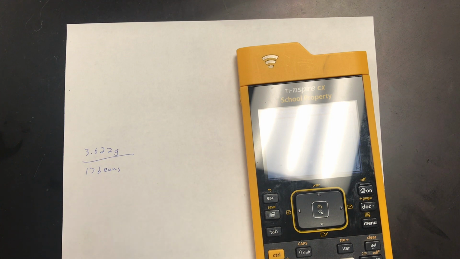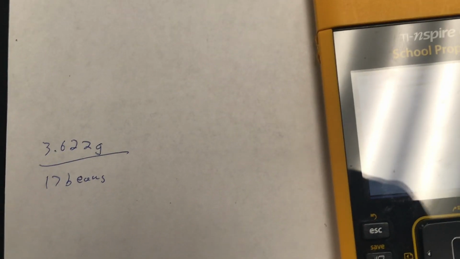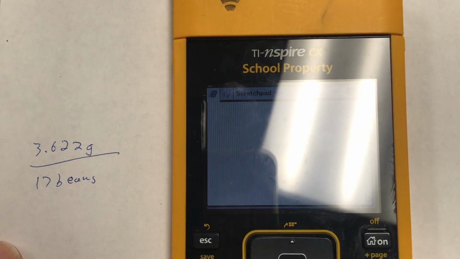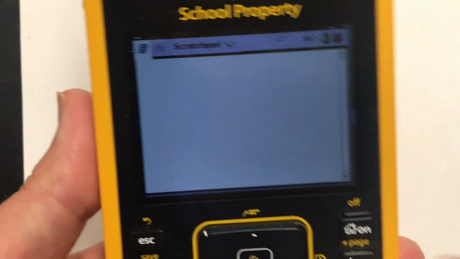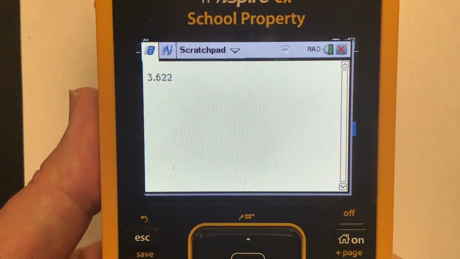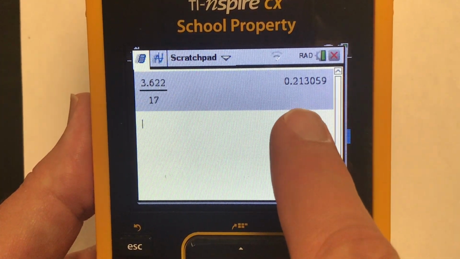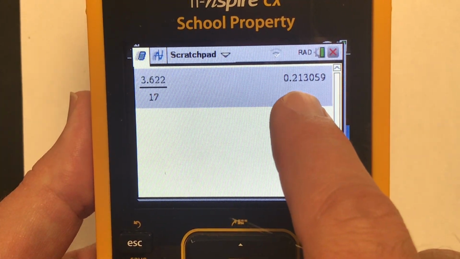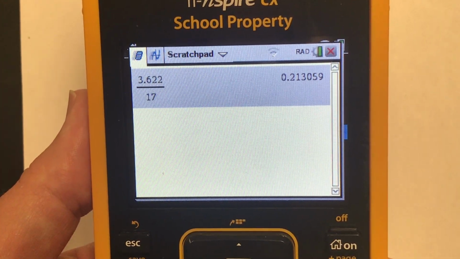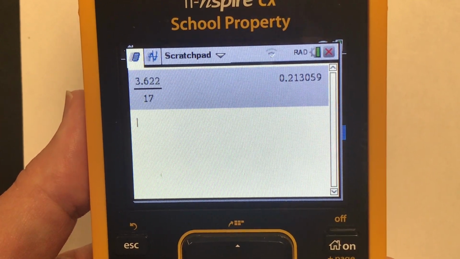And so when we take that and do our division, I will do that here. 3.622 divided by our 17 beans, and we find that we have 0.2130 grams per bean, and we'll put that at 4 significant figures.